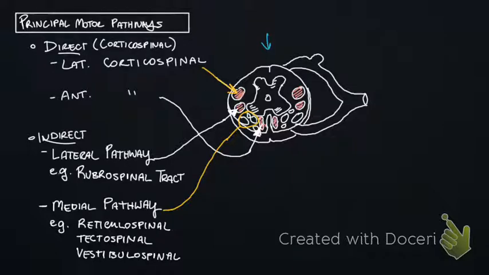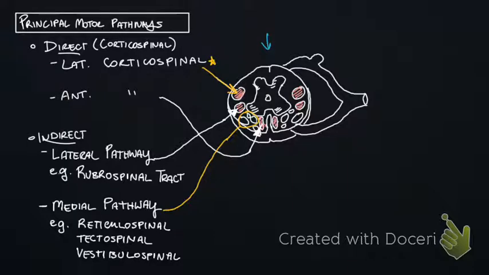So we have direct, which are sometimes called corticospinal, and we see here that right here is the lateral corticospinal direct tract, and it helps with distal muscles and movement of the limbs.